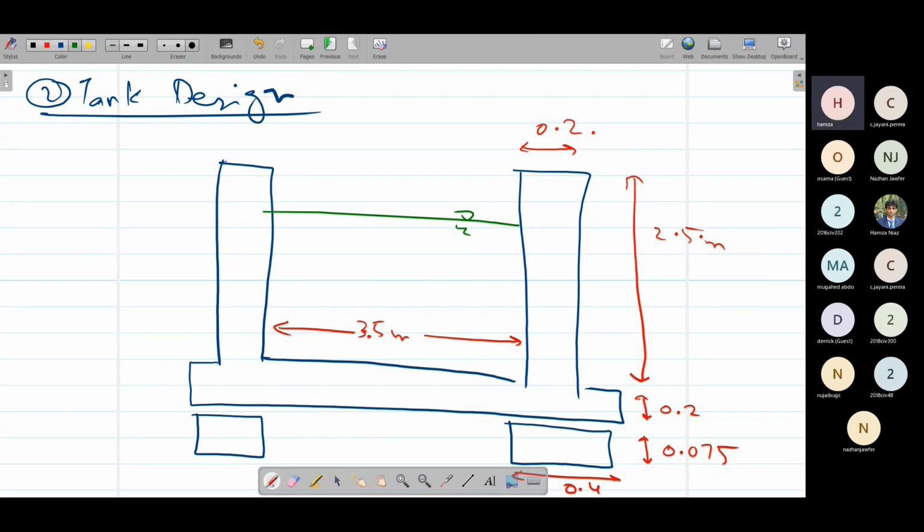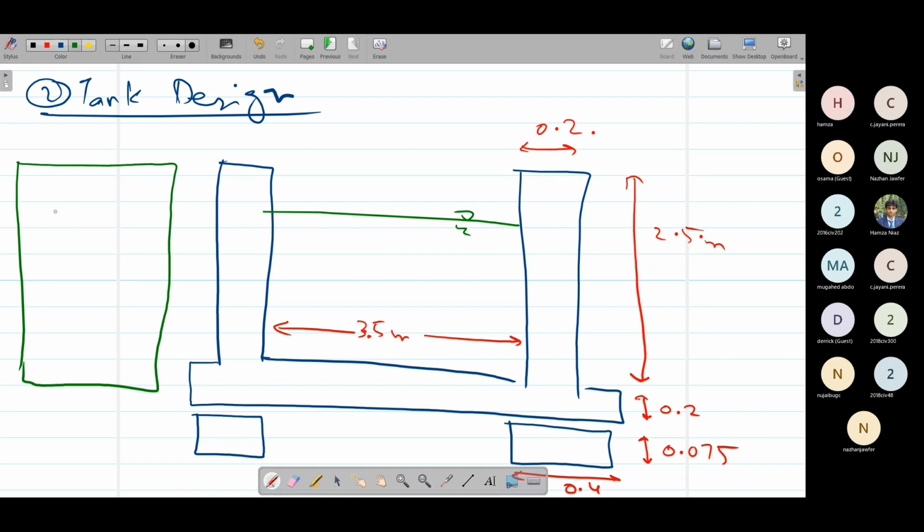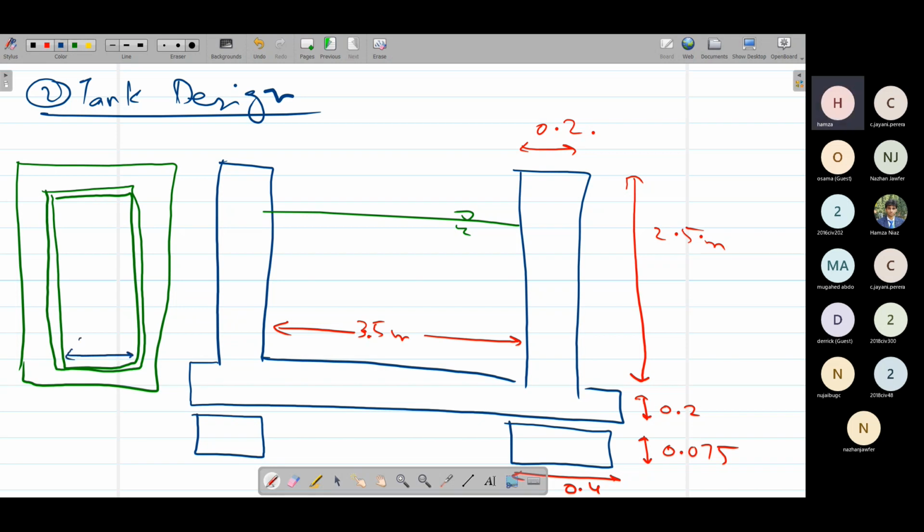And if it is shown in plan, so in plan, these are our retaining walls. The short dimensions are 3.5 meters, shown in this way, and the longer dimension is 6 meters.